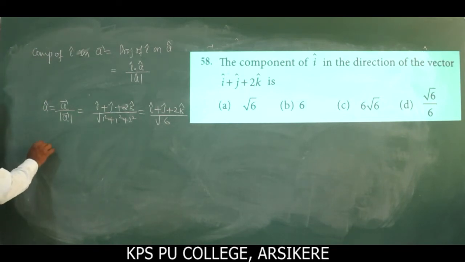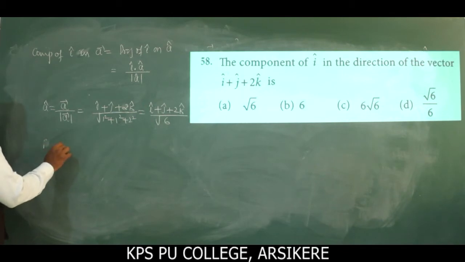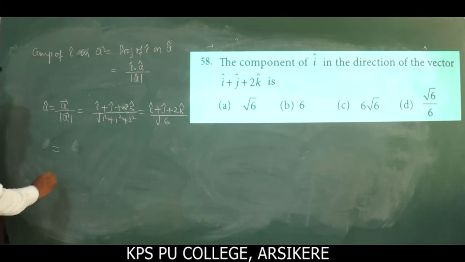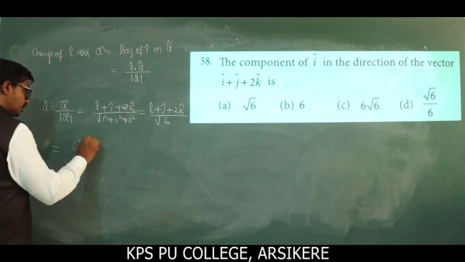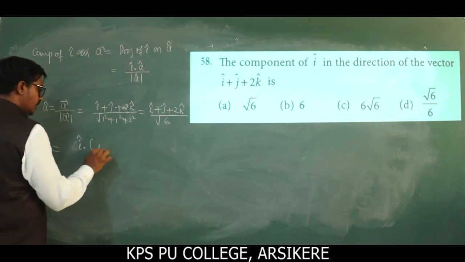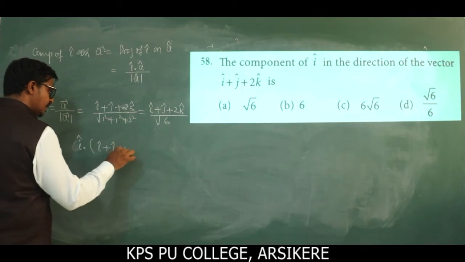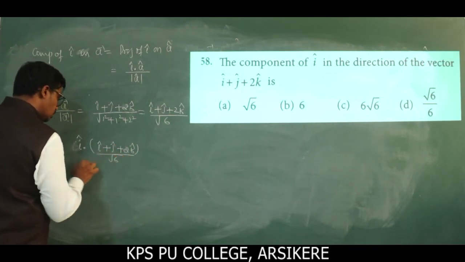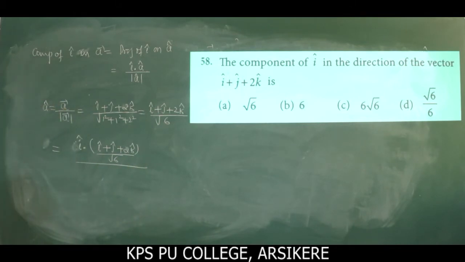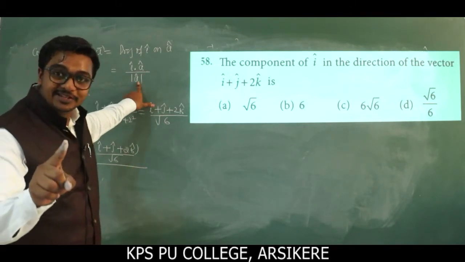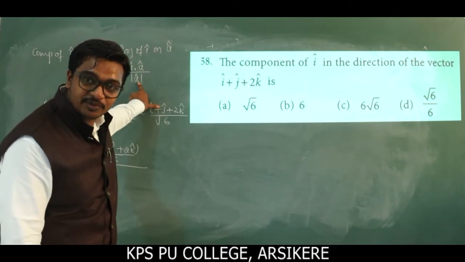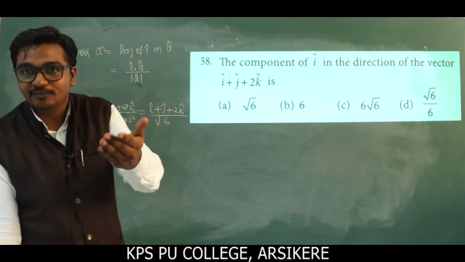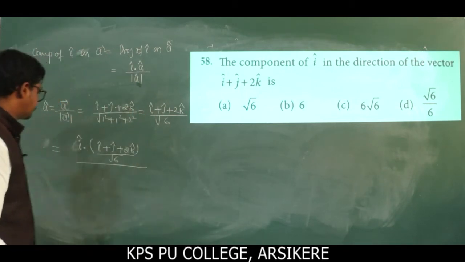Then the required answer is equal to I cap dot A cap. So I dot A cap is I plus J plus 2k divided by root 6, whole divided by magnitude of A cap. A cap is nothing but unit vector. Just remember A cap is unit vector. Unit vector means corresponding magnitude is 1.